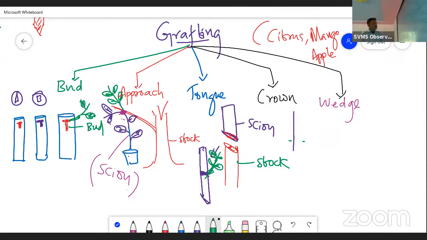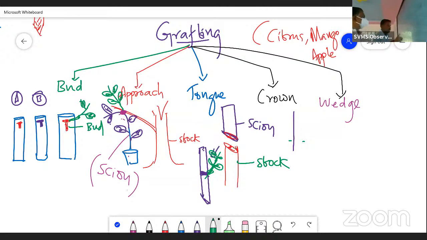After separation, the leafy branches emerge from the obliquely joined portion, in which new plants are originated or developed by the tongue grafting technique, right? The next type is crown grafting.